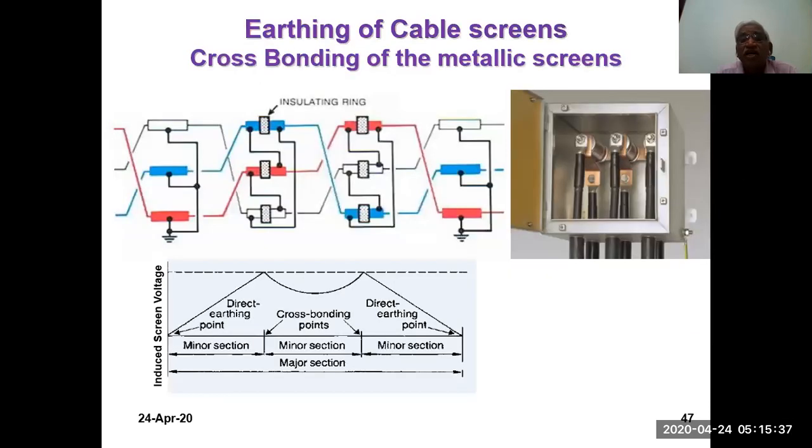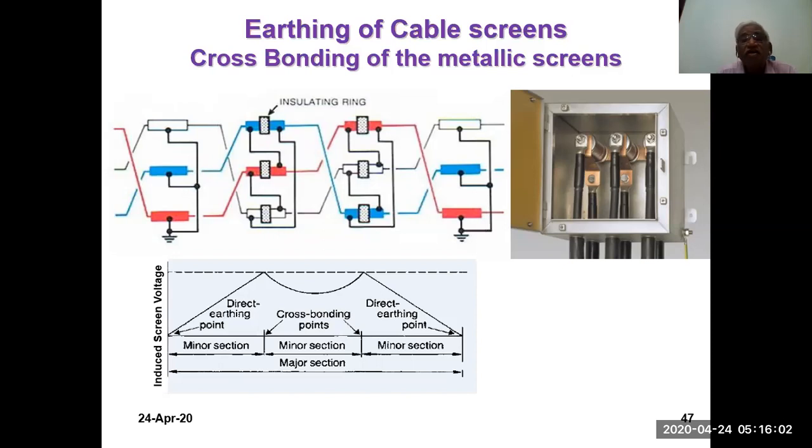This one is earthing of cable screens and cross bonding of the metallic screens. If the cable is going for a long distance, you have to do it at intermediate points. Let us say for 3 kilometers, you have to do bonding every kilometer, with transposition. This is what we read in other cases as CTC, completely transposed conductors. In the case of a transformer winding, we have noticed the same.